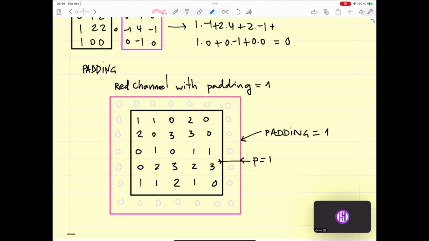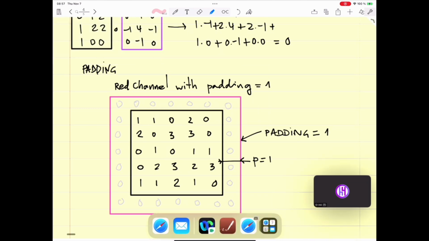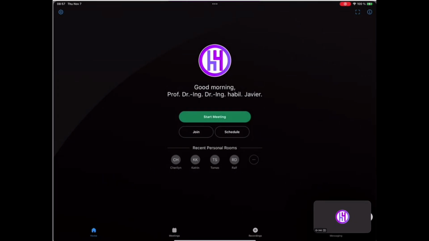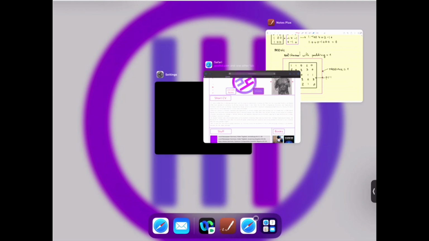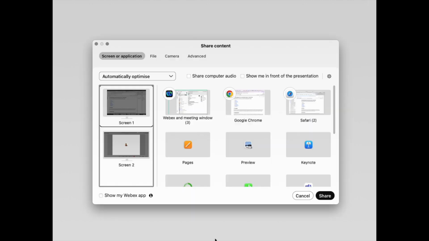Good, then I'll go on and stop sharing my iPad and start sharing my Google Chrome.